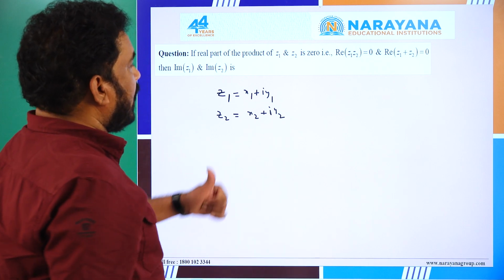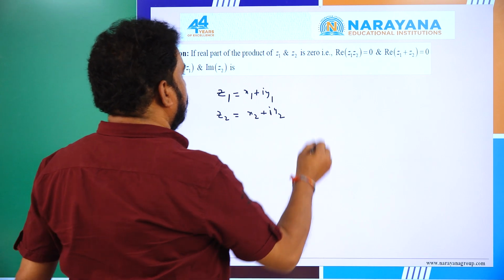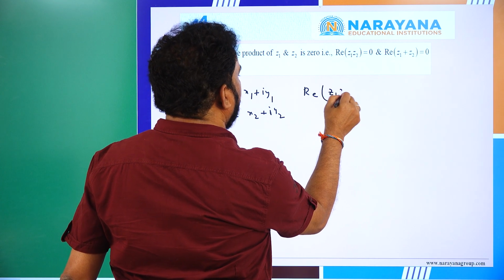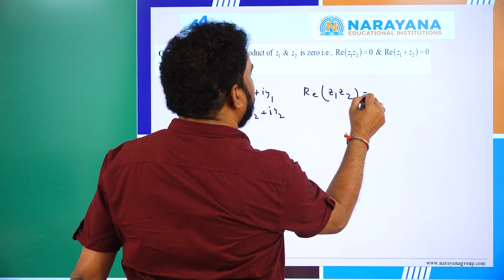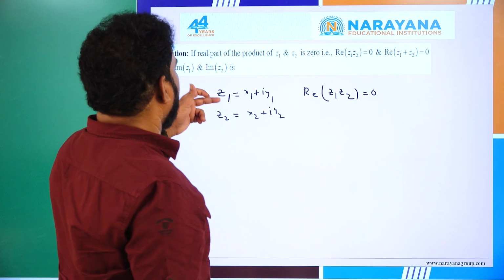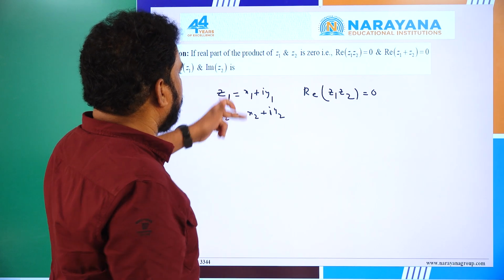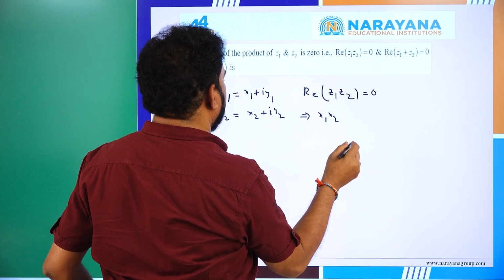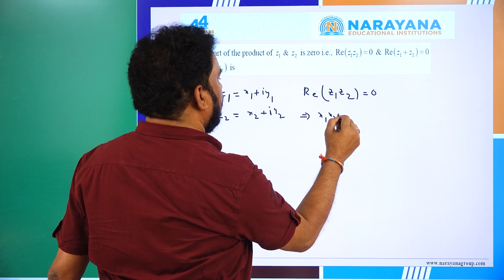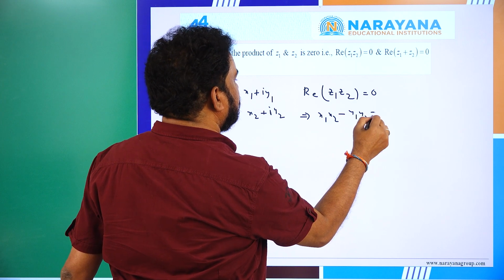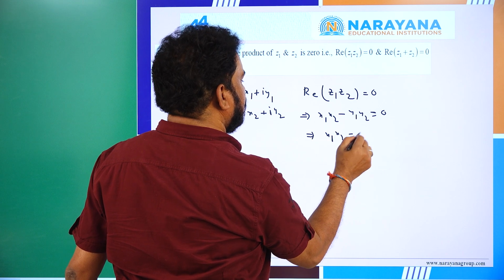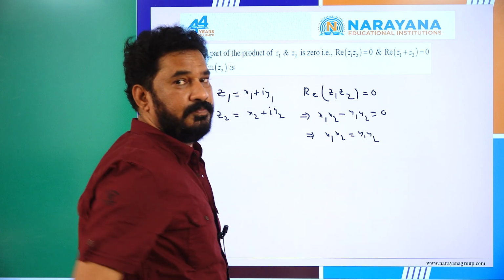So they have given the real part of Z1 Z2 is equal to 0. When you multiply, you get the real part x1 x2 plus i squared y1 y2, that is x1 x2 minus y1 y2 equals 0. So x1 x2 is equal to y1 y2.